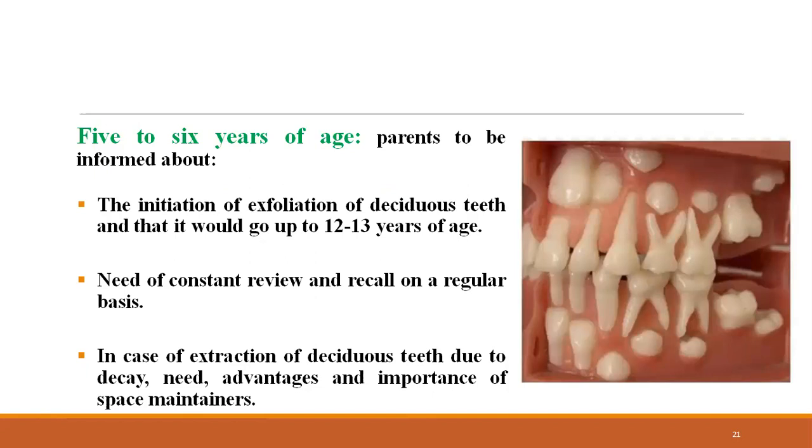At this time, constant review and recall on a regular basis is required. In case of extraction of deciduous teeth due to decay, the need, advantage and importance of space maintenance should be advised to the parents.